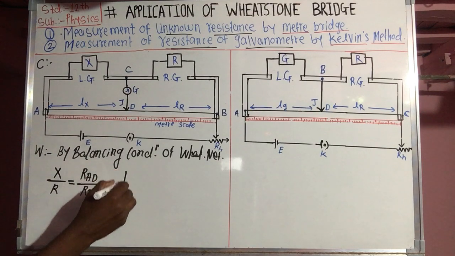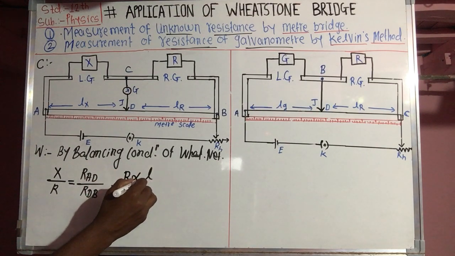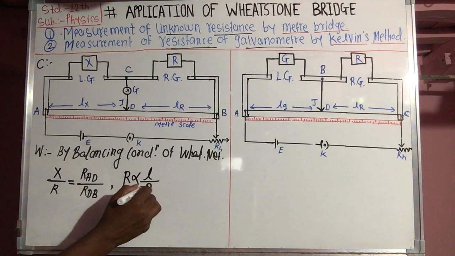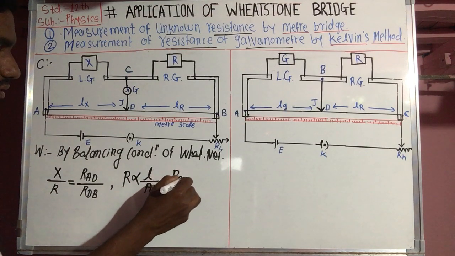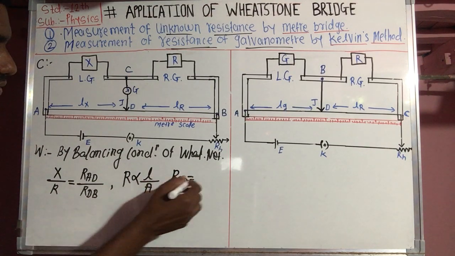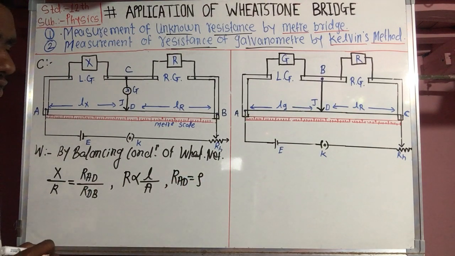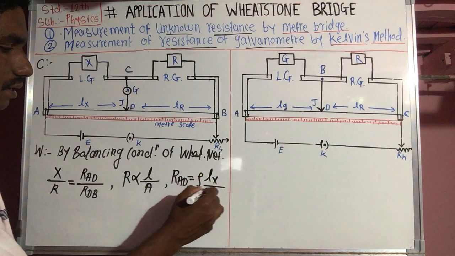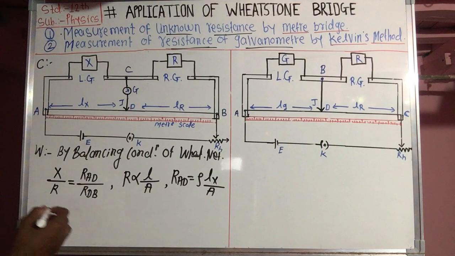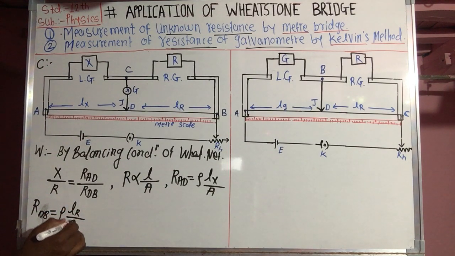We know that resistance is directly proportional to length and inversely proportional to area of cross section. From this relation, RAD is equal to rho, the specific resistance, the constant of proportionality, times Lx divided by A. Next, RDB equals rho LR divided by A.